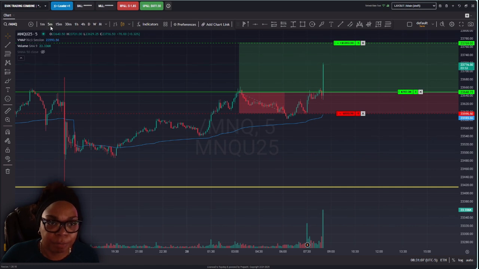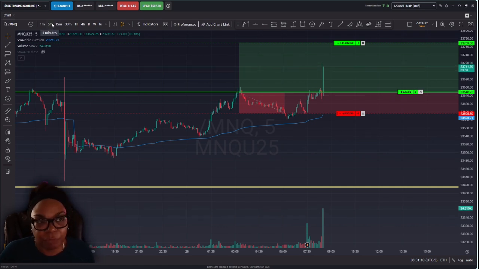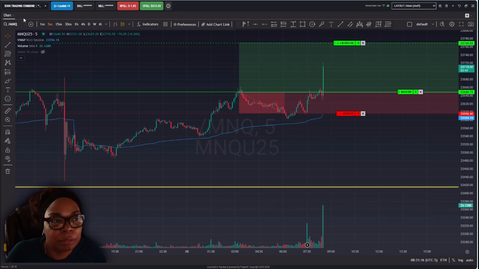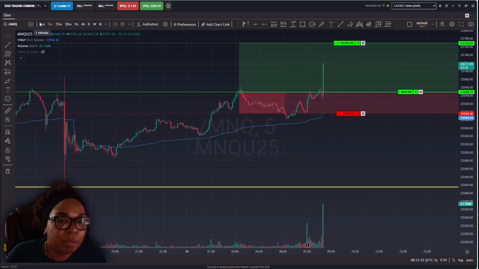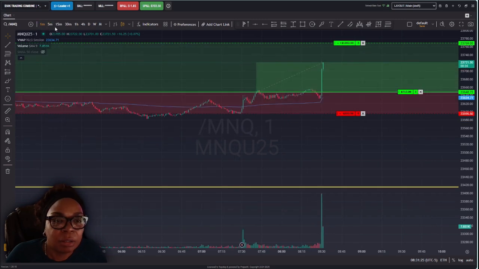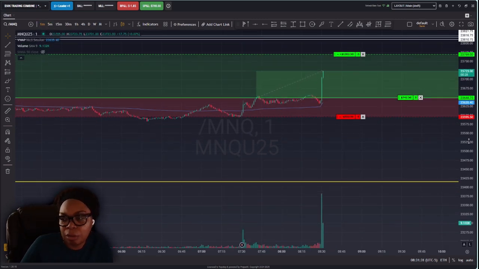I'm also moving my stop loss into profit so that it is a risk-free trade, which you will see soon. And I have the two different accounts, so I'm trying to manage both at the same time, which is a skill in itself.